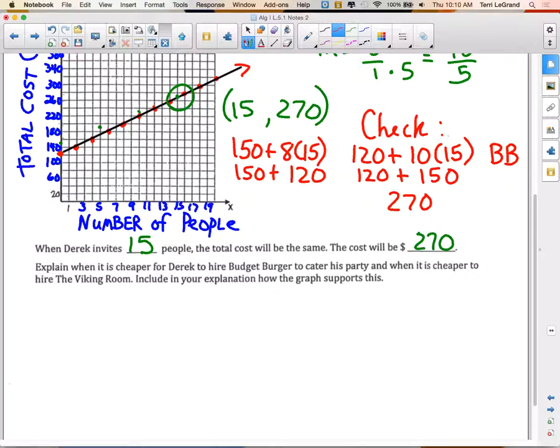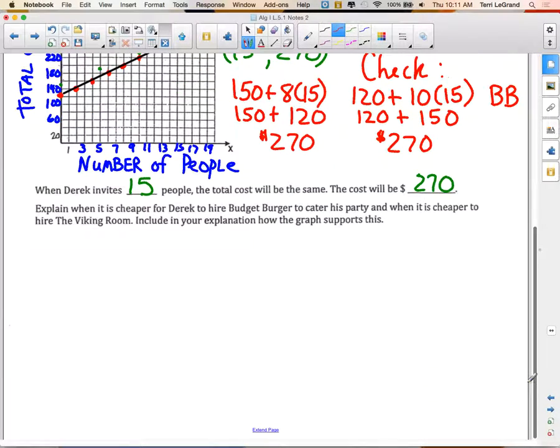We don't need a calculator. I have it. 150 plus 120, 270. Oh, I put 140 down, I'm sorry. So if you invite 15 people, is the cost the same at both of them? Yeah. So do we have a good ordered pair solution? We do. Yes, we do.